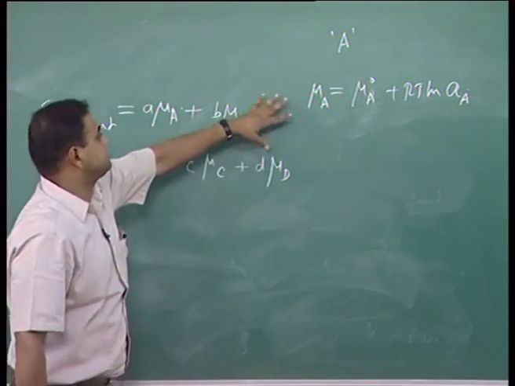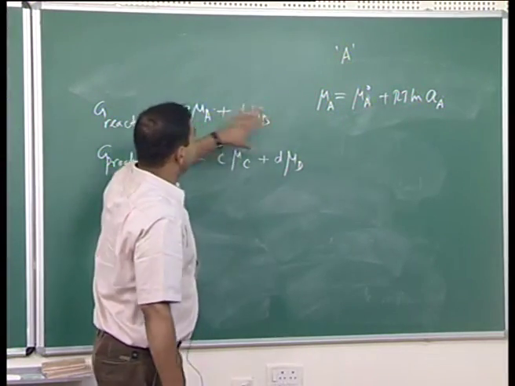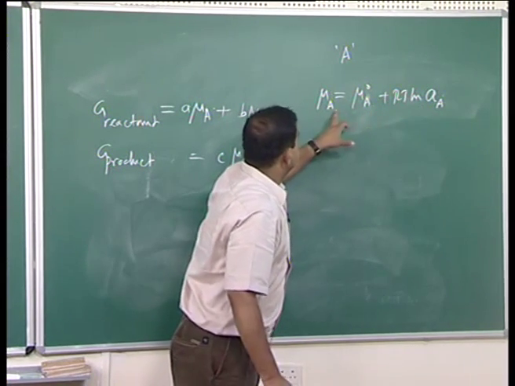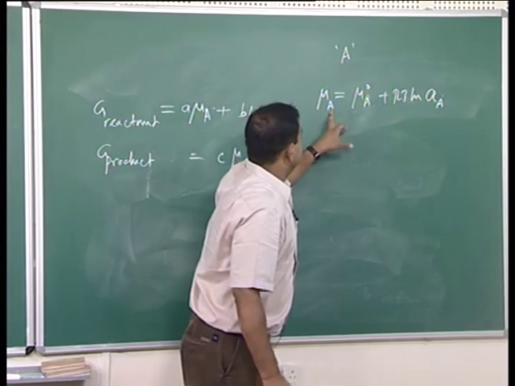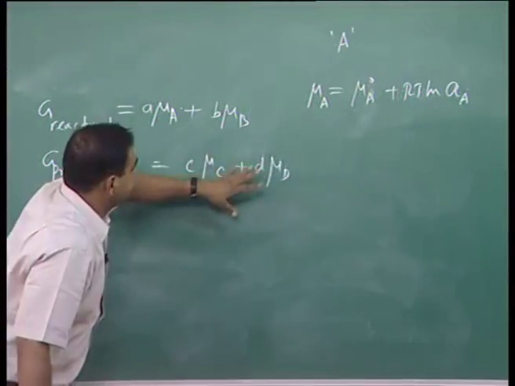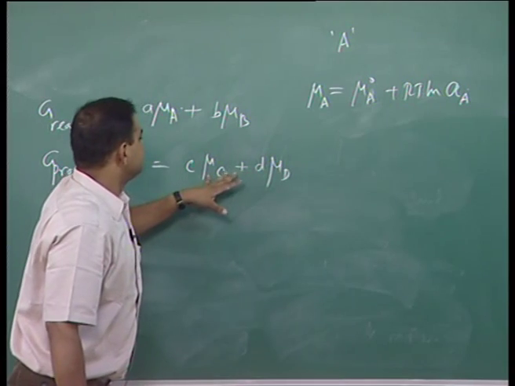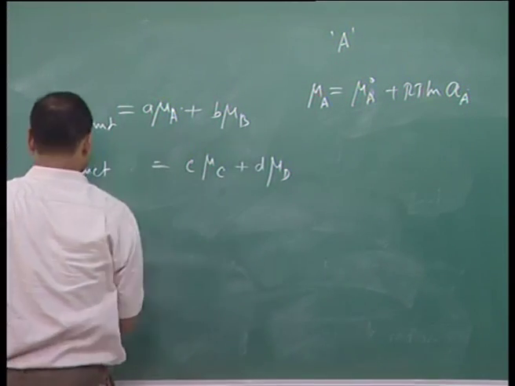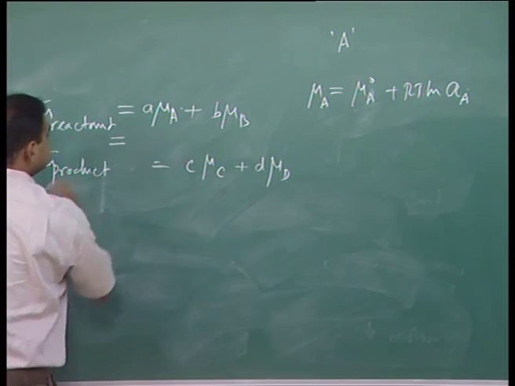Instead of mu A you put this, instead of B you change this to capital B, A would be replaced by capital D, and in a similar way capital C and capital D for mu C and mu D. Now, if you put all those things, then you would get this expression.